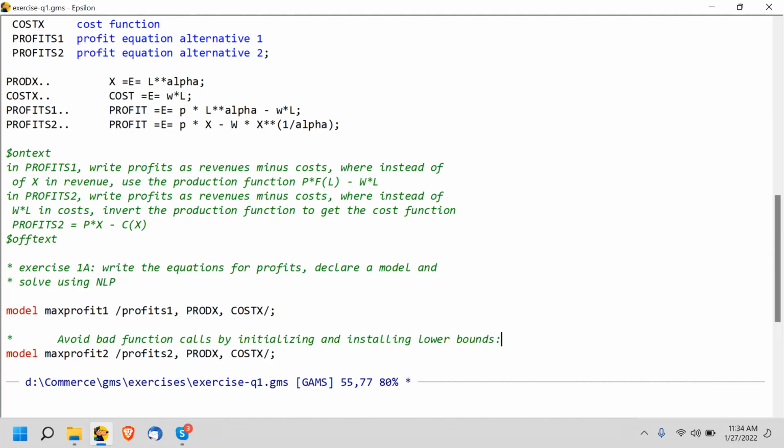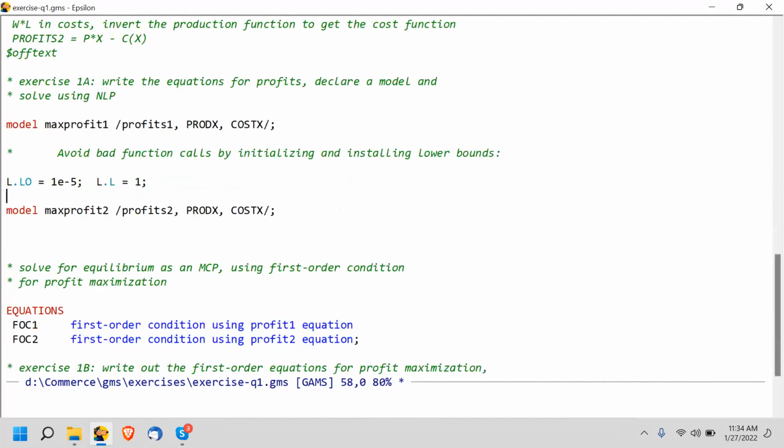In other words, we're only interested in runs where L dot low is going to be equal to 0, let's make that 1e-5, and L dot L is equal to 1.